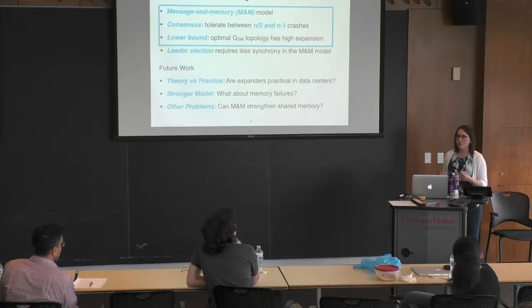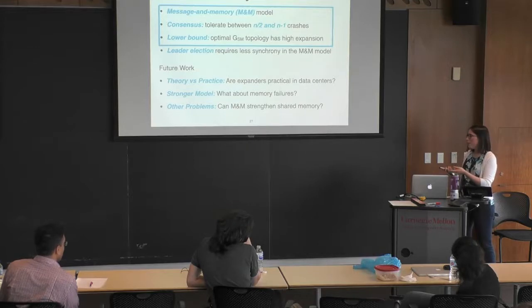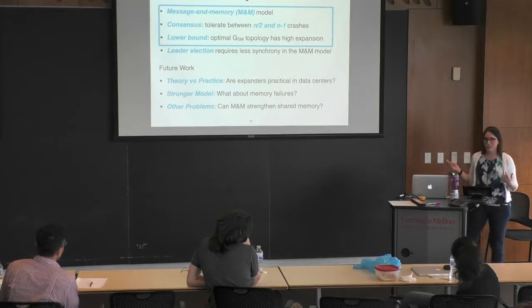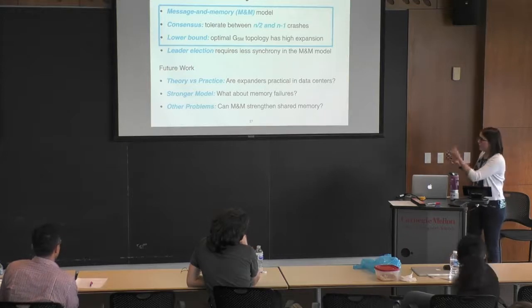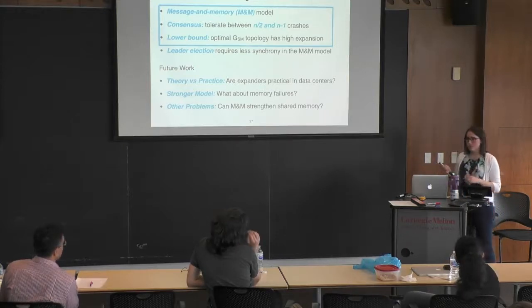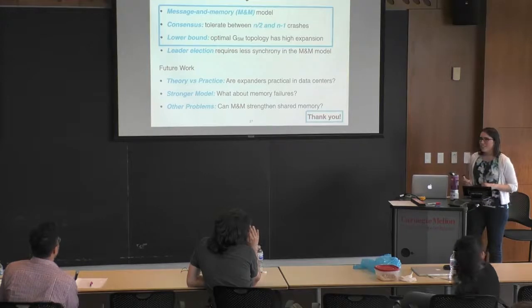In shared memory, generally, the only way to wait on someone is to actively spin on reading the place where they're supposed to write something to you. With message passing, you don't need to spin, so you might be able to use that time more wisely. And so those are just a few directions. So that's it. Thanks.